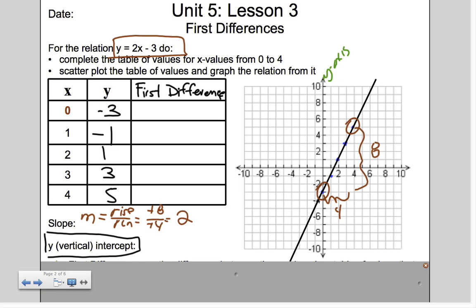Where does that happen? Megan? Well, what's the value of x on the y-axis here? Yeah, x is equal to 0 along this line.